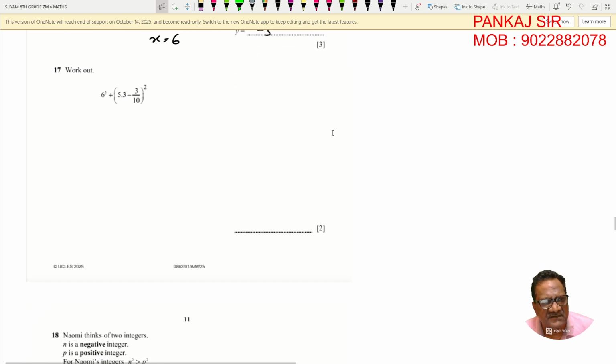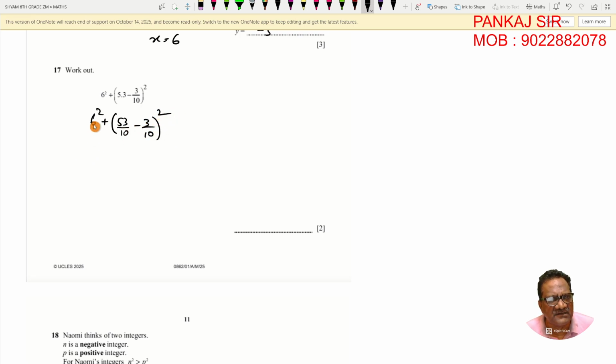Next is 17. You have to work out 6 square plus, now this 5.3 I can write as 53 upon 10 minus 3 upon 10, the whole square.